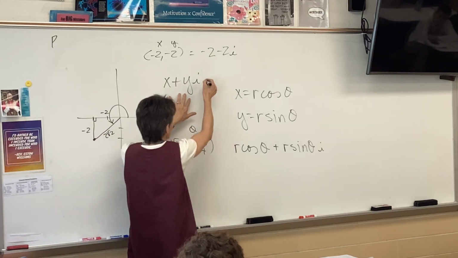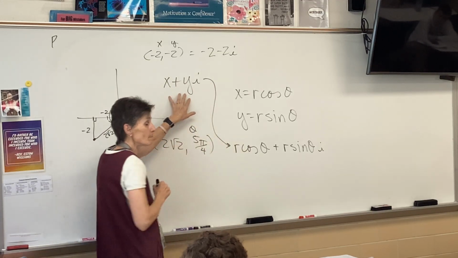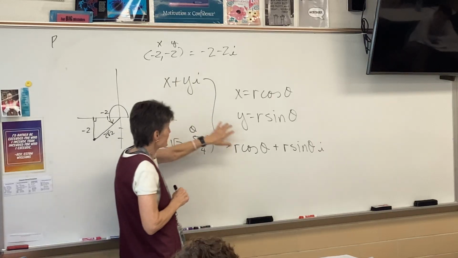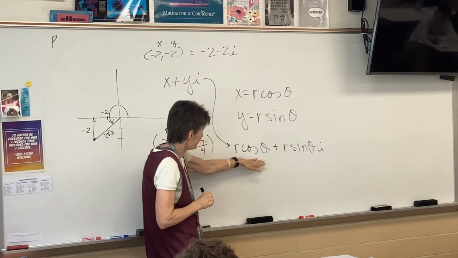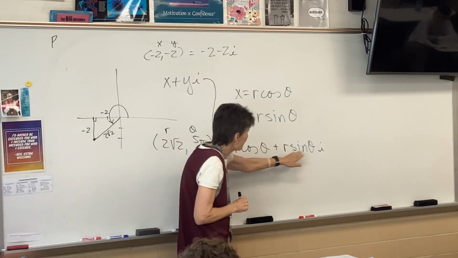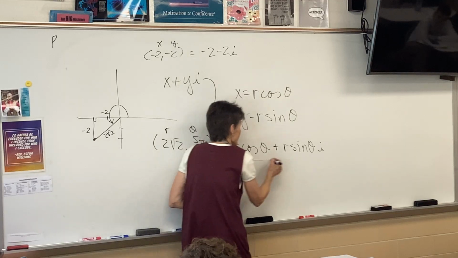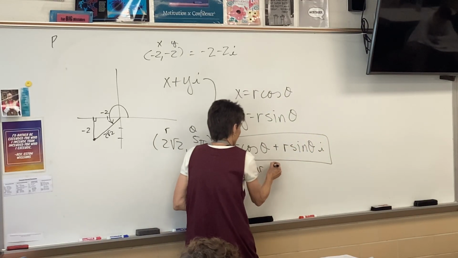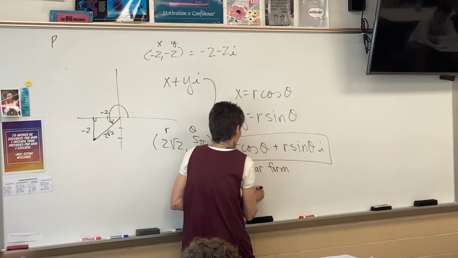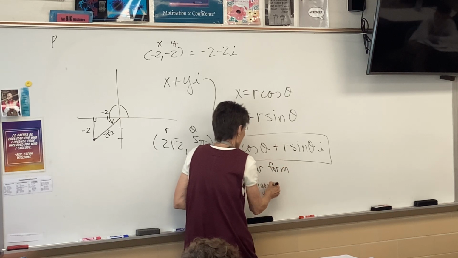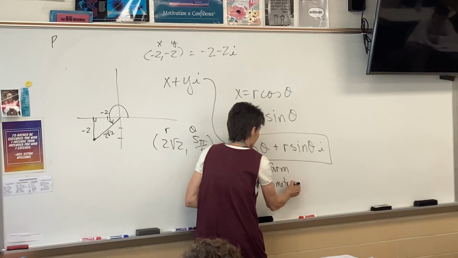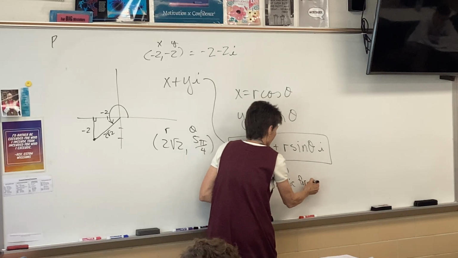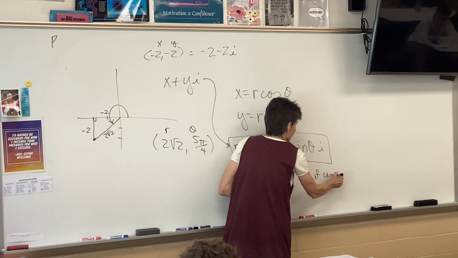When I change that to polar form, then instead of x, I have r cosine theta, and instead of y, I have r sine theta. So this is the polar form, sometimes called the trigonometric form of a complex number.